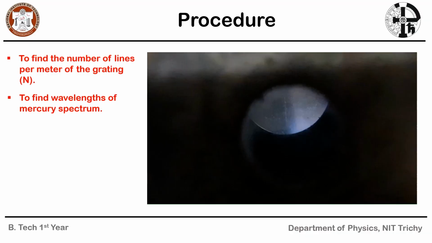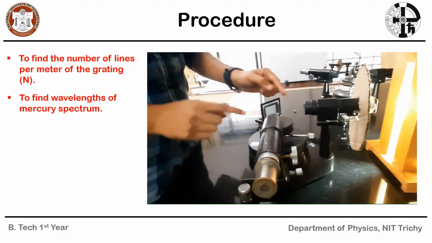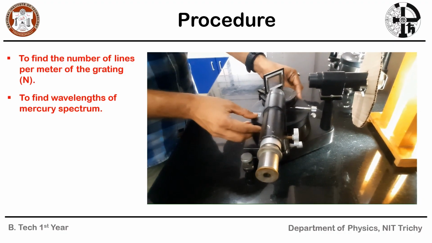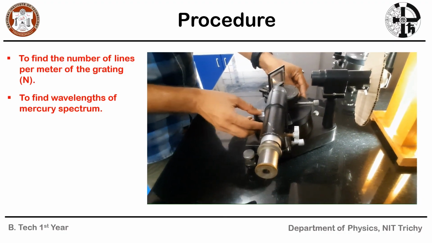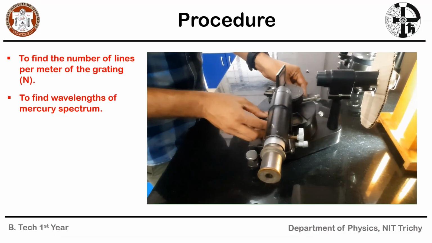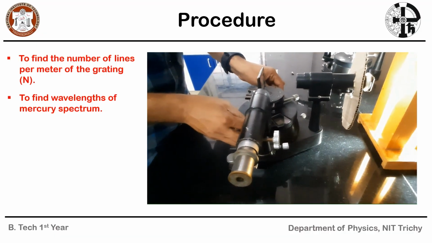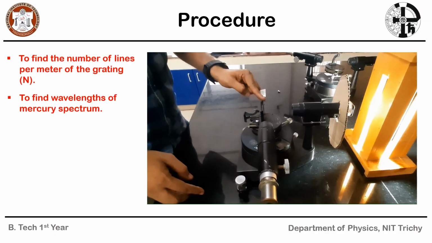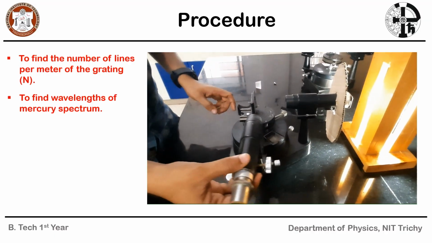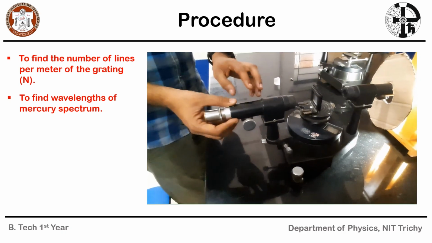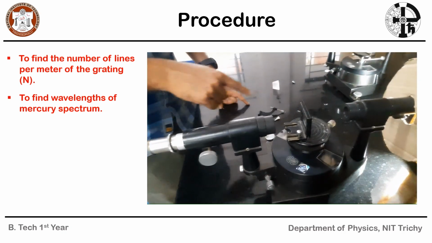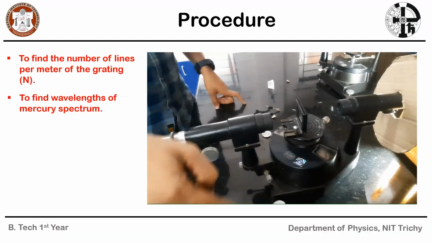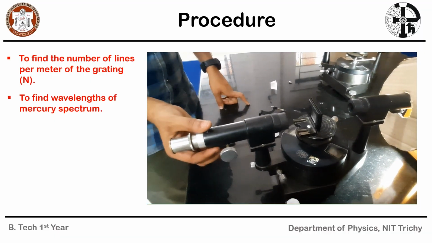When this is done, you rotate the grating in the counterclockwise direction by 45 degrees. Now we have set the spectrometer and the grating for the normal incidence position. Now we will be able to see the spectrum on both sides through the telescope.